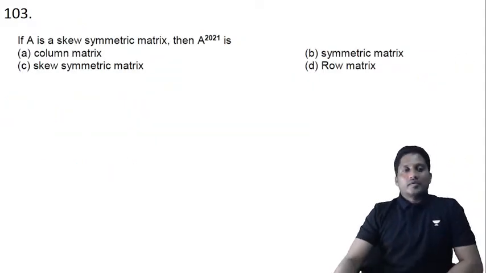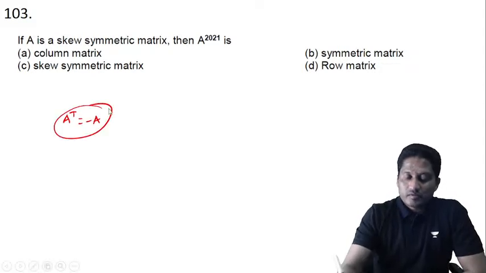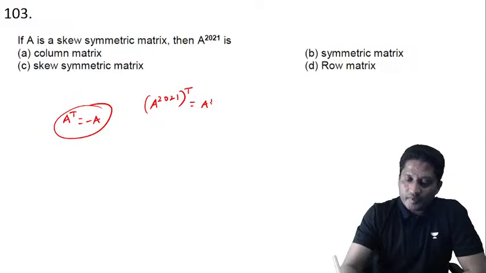Right. If A is a skew symmetric matrix, skew symmetric matrix means a matrix which is equal to negative of its own transpose. Okay, so I take A to the power of 2021 transpose. This is the same as A transpose whole power 2021. This is minus A whole to the power of 2021, which is equal to minus A to the power of 2021.